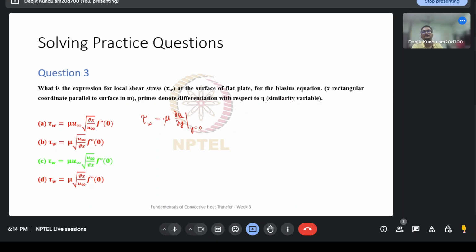0. So this dou u dou y can now be written in a different way. We can write this as dou u dou eta multiplied by dou eta by dou y.